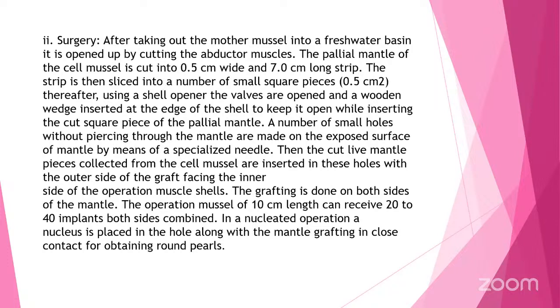Then the grafting is done on both sides of the mantle. The operation mussel of 10 centimeters length can receive 20 to 40 implants, both sides combined. In a nucleated operation, a nucleus is placed in the hole along with the mantle graft in close contact for obtaining round pearls.